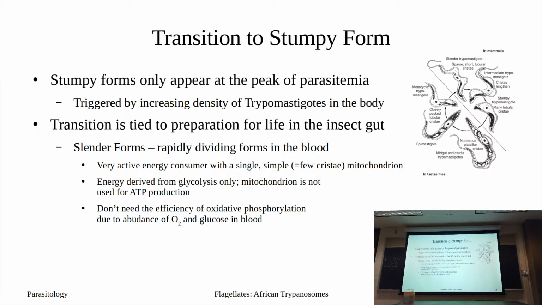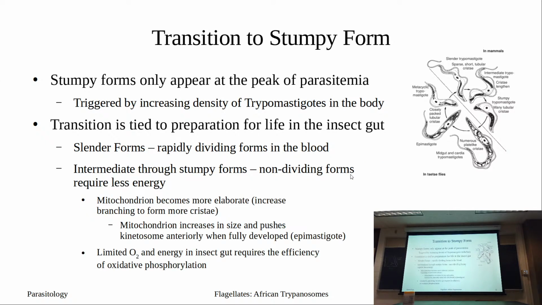So once we start transitioning from the slender form to the stumpy form, what's going to happen is the mitochondrion is going to start to enlarge and increase in complexity. As it's enlarging and increasing in complexity, it takes up a bigger portion of the parasite body, of that trypomastigote form.